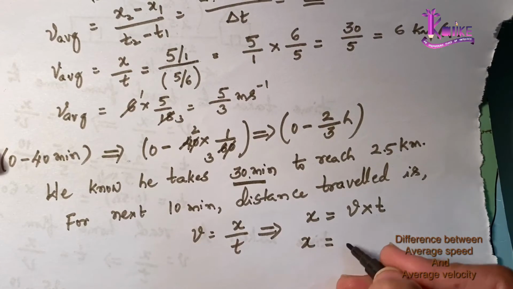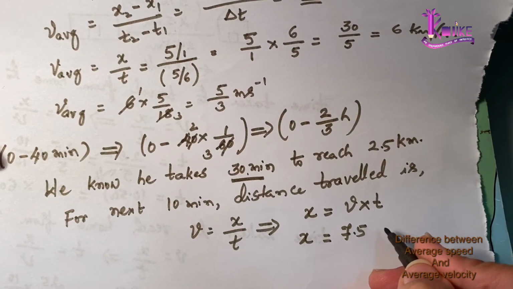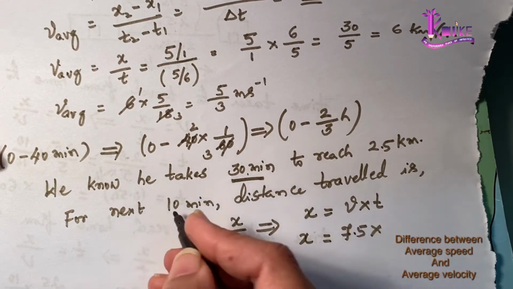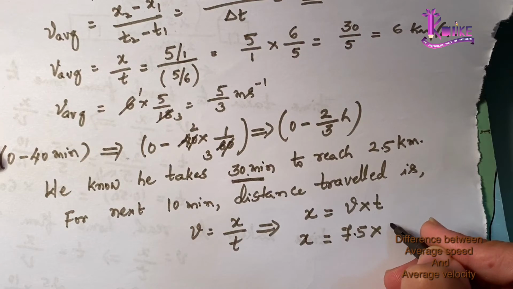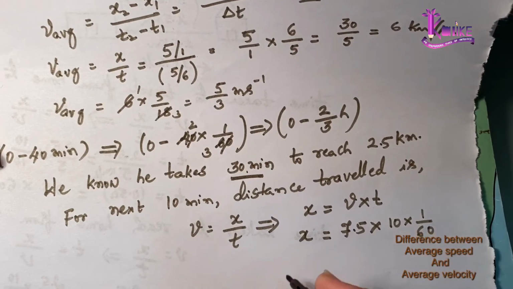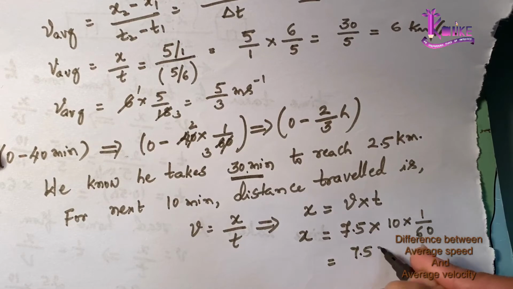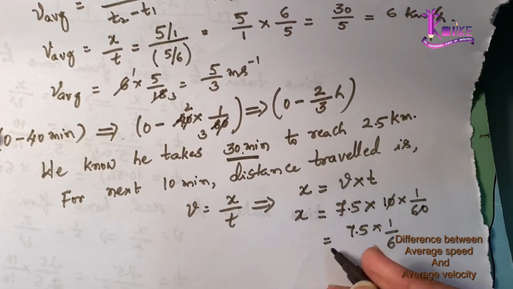So the next 10 minutes he will be walking with a speed of 7.5 kilometers per hour into the 10 minutes. How can you convert 10 minutes into hours? So just multiply it by 1 by 60. So this will be 7.5 into 1 by 6, right?